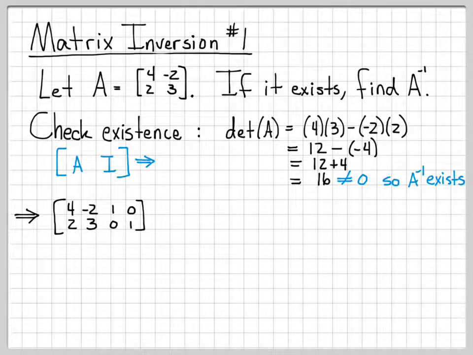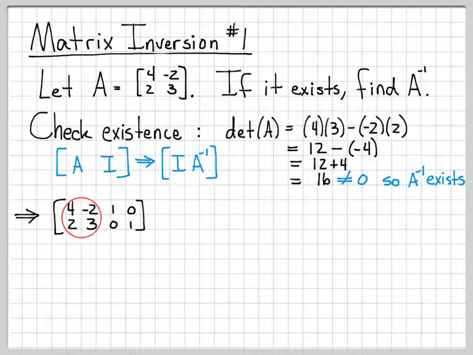What we're going to do is perform row operations on this matrix to turn it into a matrix that looks like A inverse. So our goal is to manipulate the front half into the identity matrix. When we're done, once we've obtained an identity matrix right here, then this, by definition, is the inverse that we're looking for.